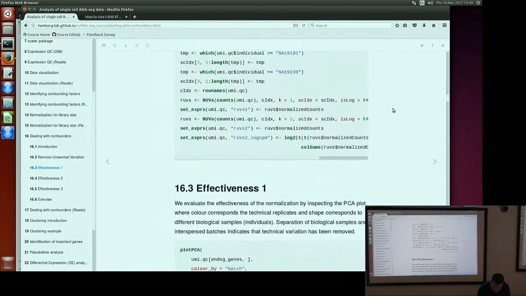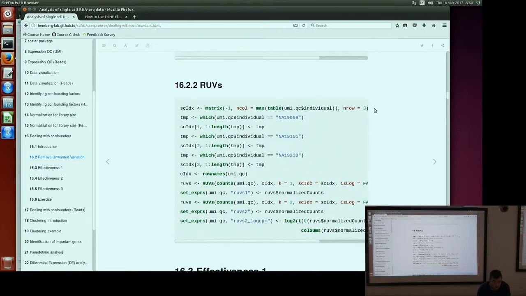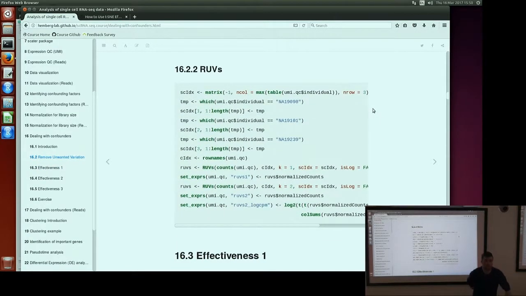So, yes? To clarify, if I were to run this on, say, something where I identify several cell types, and to look at the differences between those types of cells, I could define the cell types in the RUVS basically as batches, and then run that to exaggerate that difference, or what would that mean?